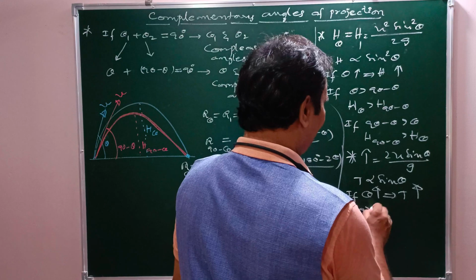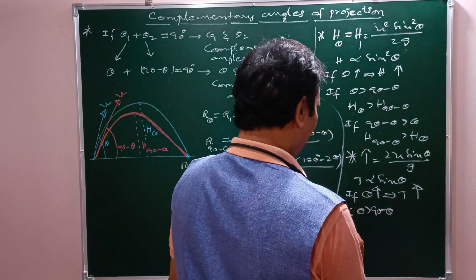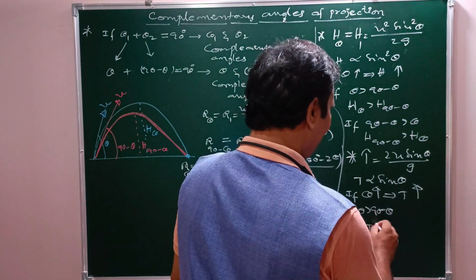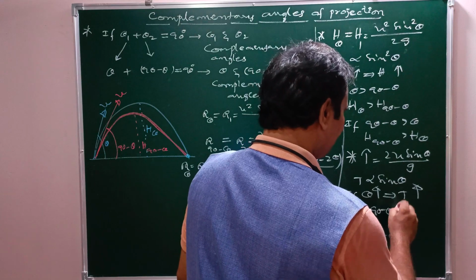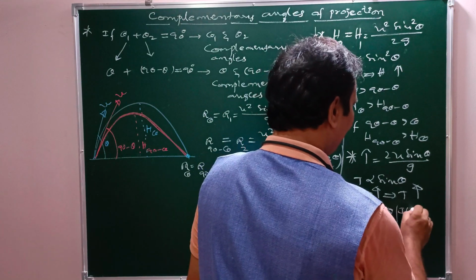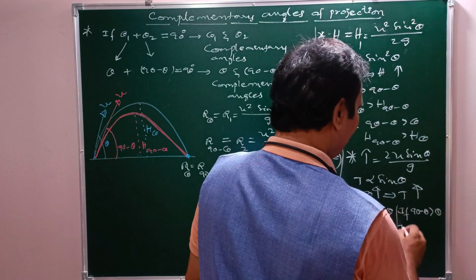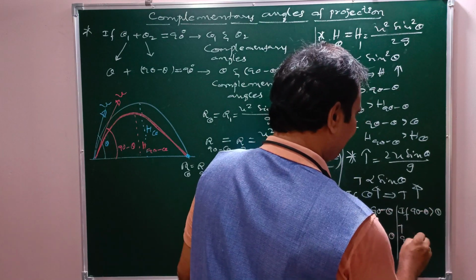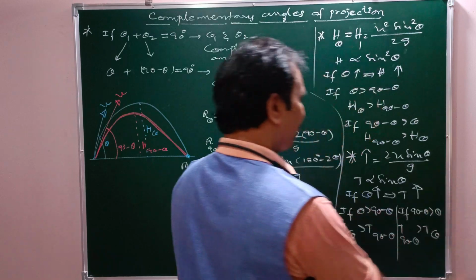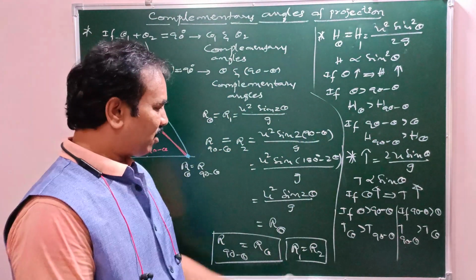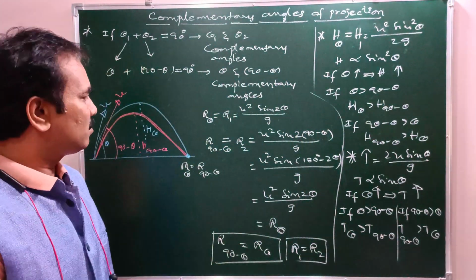Similarly, if 90 minus theta is greater than theta, then T at 90 minus theta is greater than T at theta. Right? So that's how one can estimate.